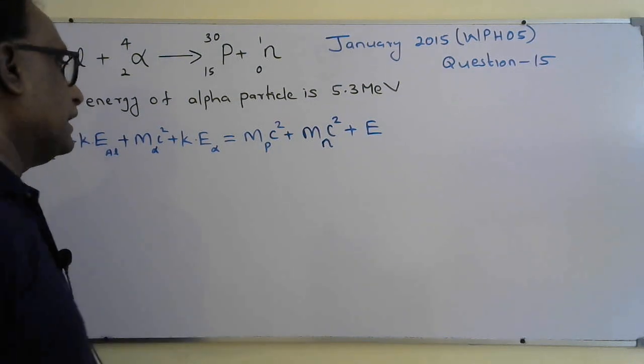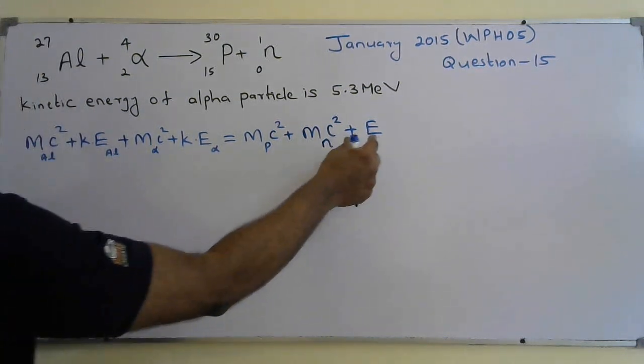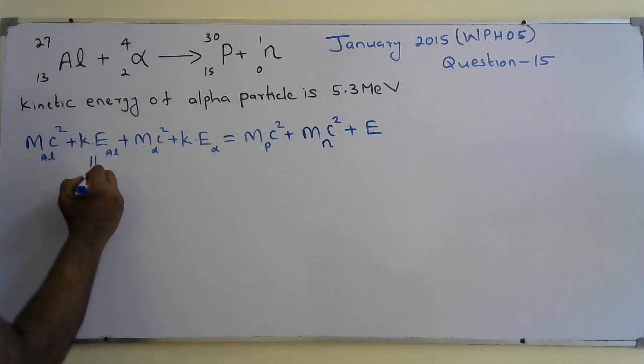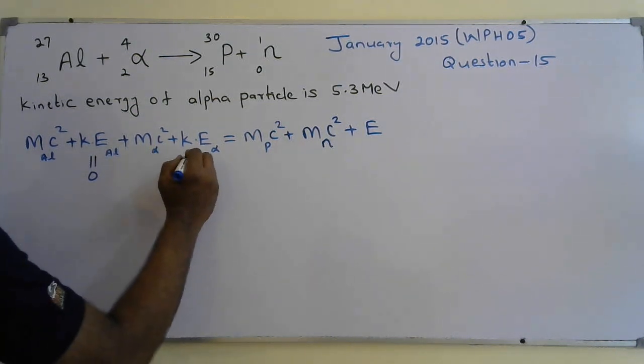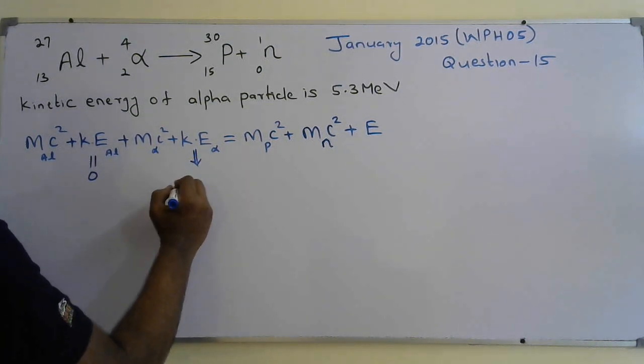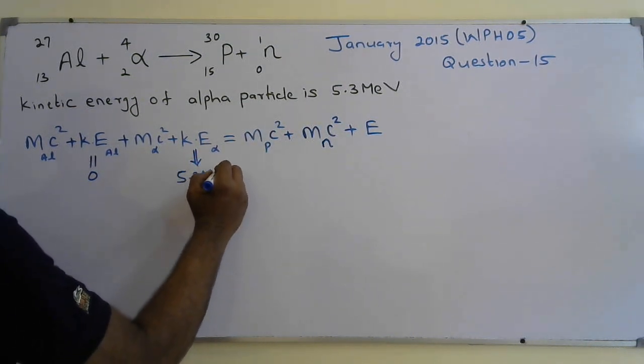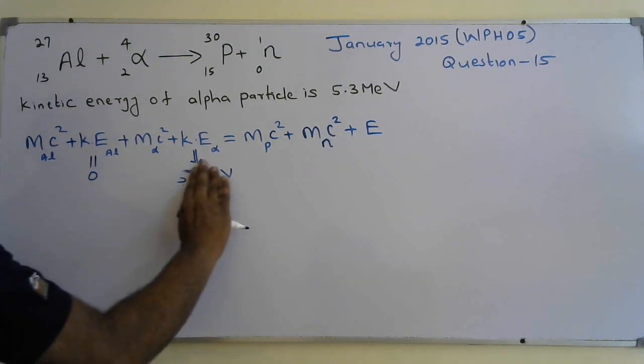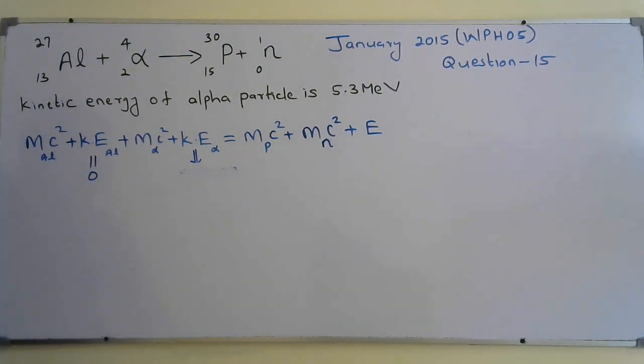Together I wrote it as E. Okay, now we'll rearrange it. We need to find this one, and I also know the aluminium was at rest, so its kinetic energy is equal to 0. But the kinetic energy of alpha is given as 5.3 mega electron volt. It's given in mega electron volt. Okay, we'll rearrange it now. So if I rearrange it now, it will become like this.